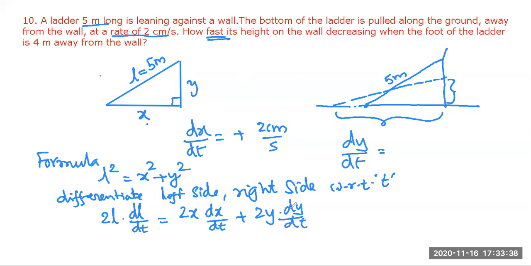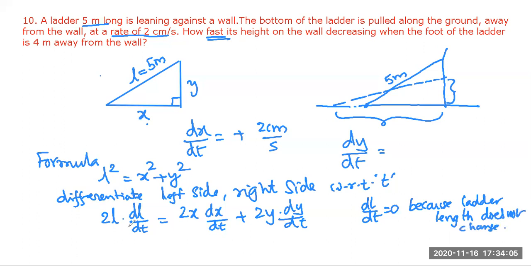He has given that x is changing, and y is also changing. But do you think the length of the ladder changes? No, right? The length of the ladder is a fixed one. So dL by dt equals 0, because the ladder length doesn't change. Therefore, the left side becomes 0.